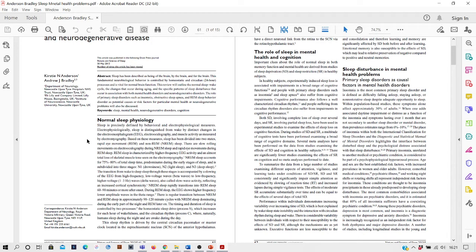And REM sleep, it stands for rapid eye movement. If you were to watch somebody sleeping as they enter REM sleep, you wouldn't really notice any difference in terms of what they look like or whether they move or not.